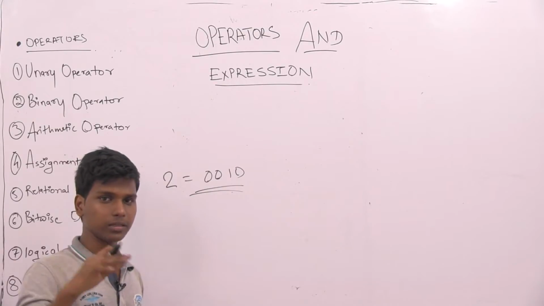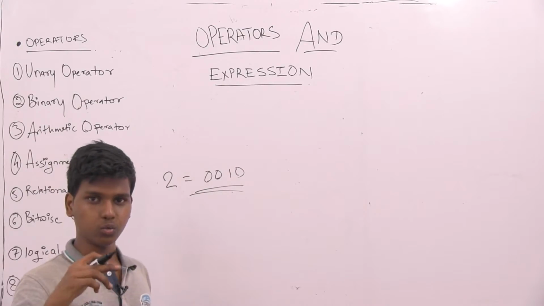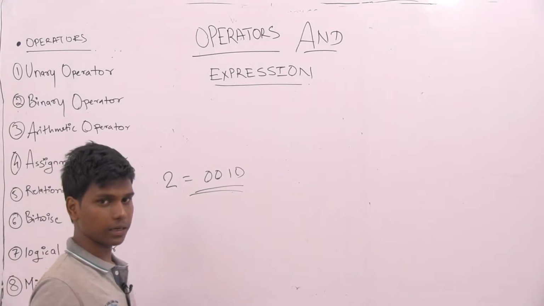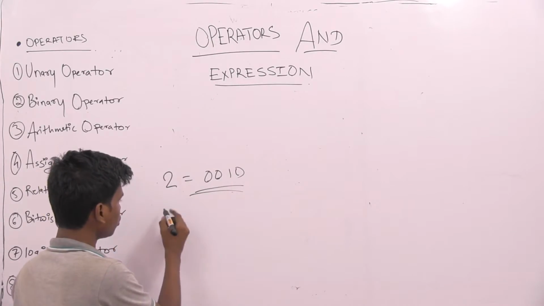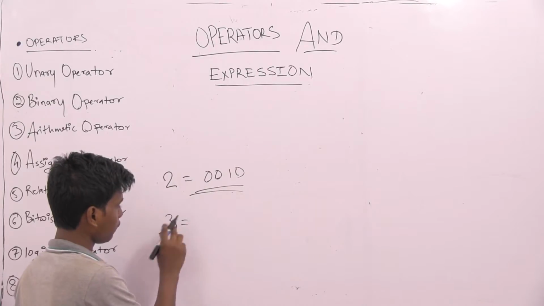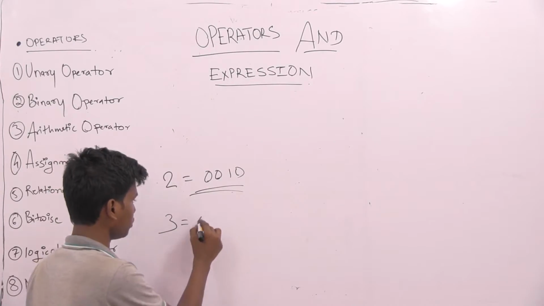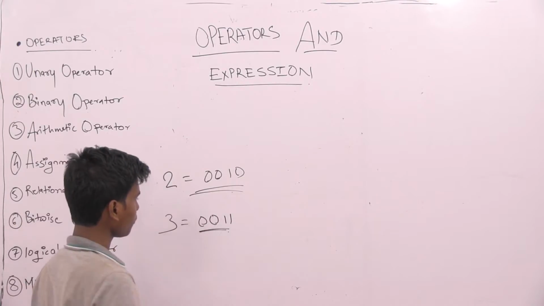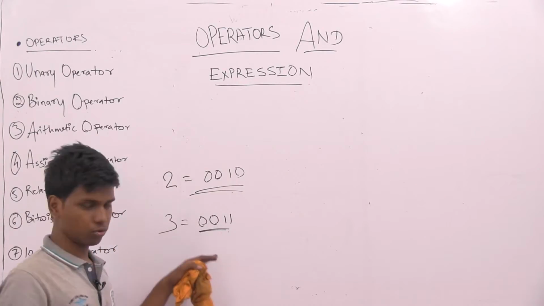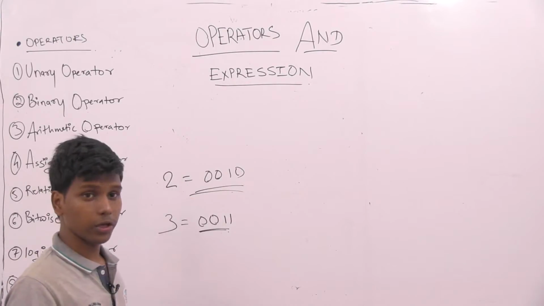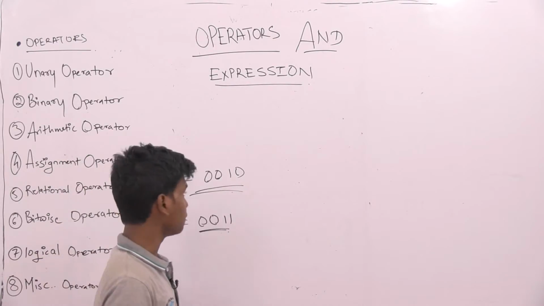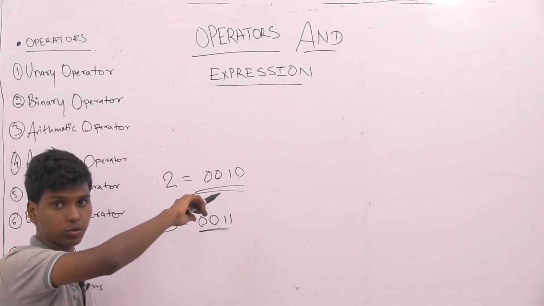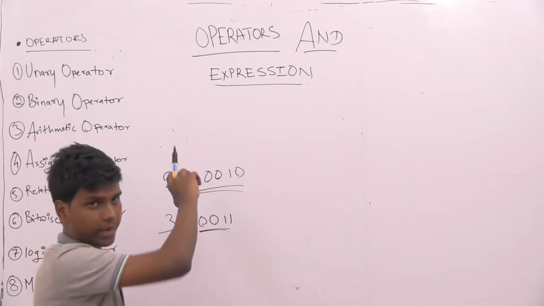In the language, values are transmitted as 1 and 0 and no other numbers, only 1 and 0. If we take 3, then the value is 0 0 1 1. So if we take the bitwise AND operator here, earlier we took the variables a and b.